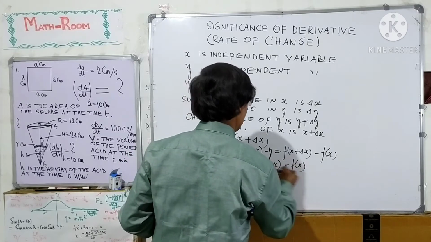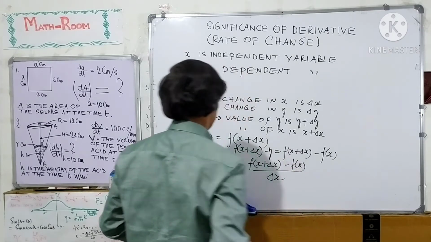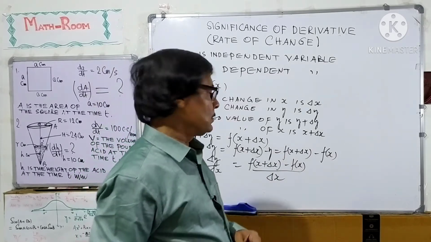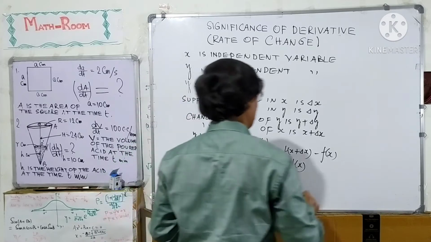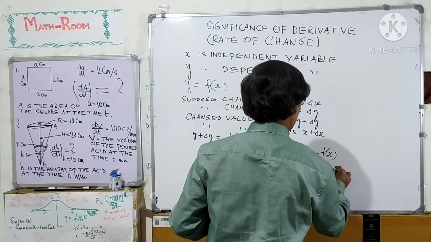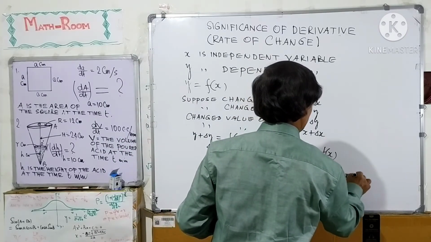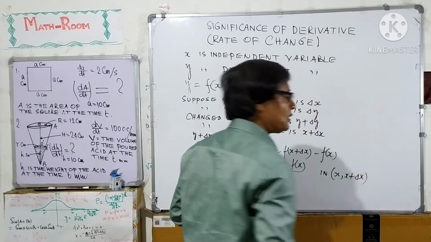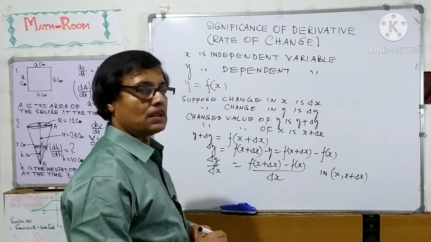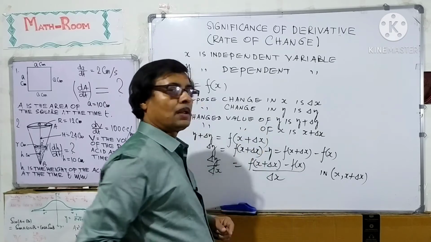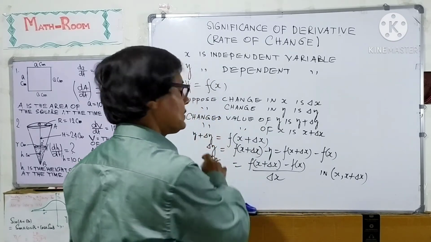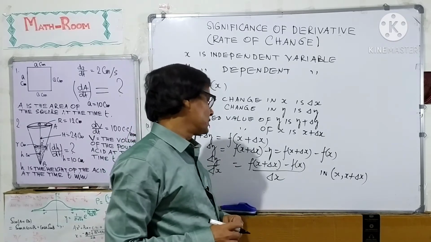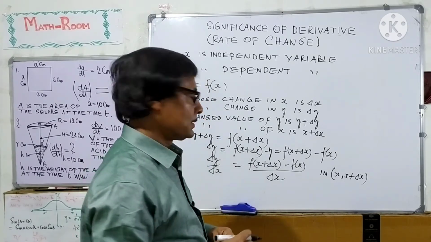This change is also an average rate of change, because it occurs in the interval x to x plus del x. This is not a pointwise change, but a change throughout the interval. So this change is called the average rate of change of y with respect to x.